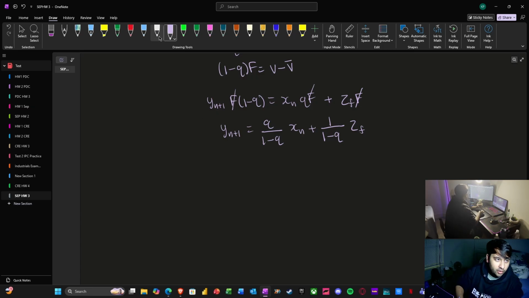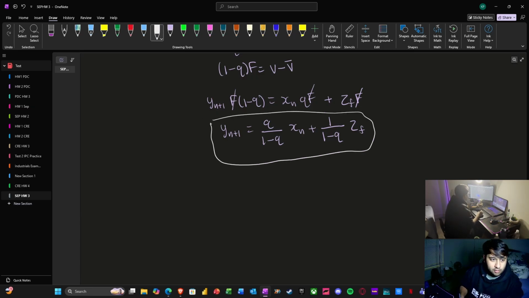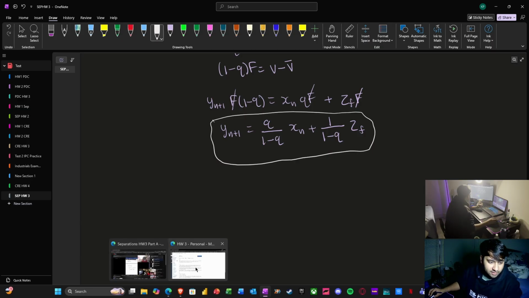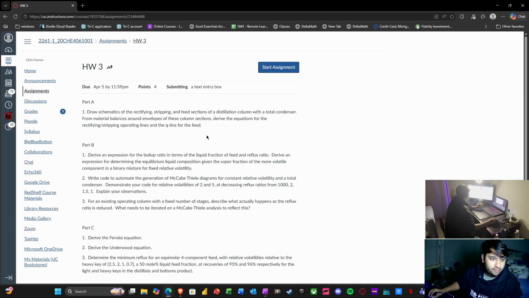And this right here is our equation for feed. And so what we've successfully done is derive the equations for the rectifying, stripping, and feed sections of a distillation column.